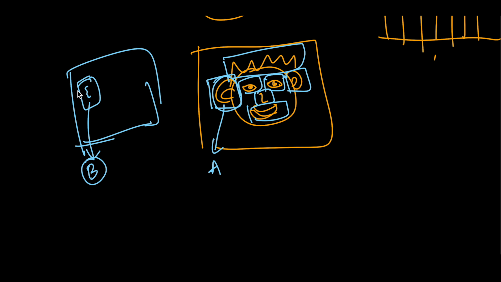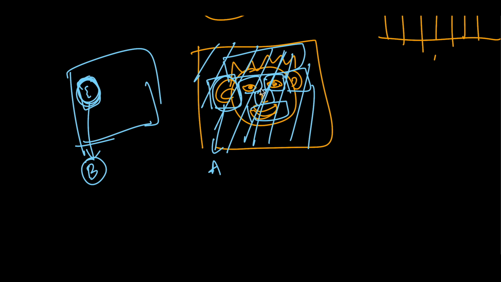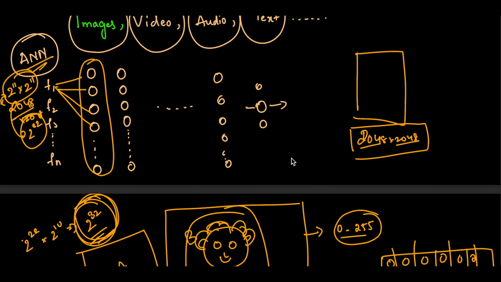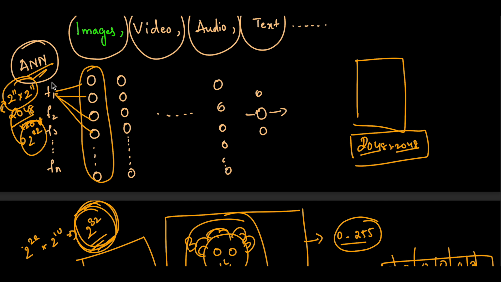If we can tell the model which features it needs to identify, then the model will easily do that, right? So instead of concentrating on the whole image, if we can concentrate on smaller features or smaller subparts of the image, that will really help us. If you pass the image directly to the ANN, we are concentrating on the whole image.